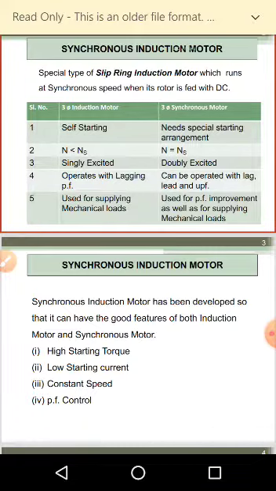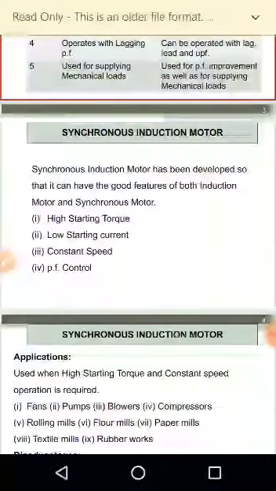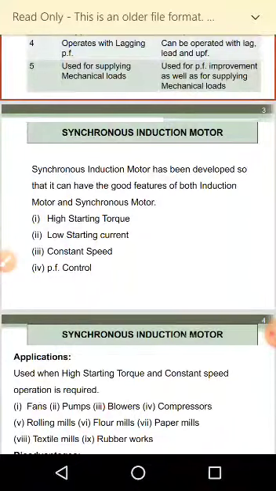Induction motors are mainly used for mechanical loading arrangements, but a synchronous motor is used for both mechanical loading arrangements as well as power factor improvement requirements. So, that is a comparison between synchronous and induction machines.